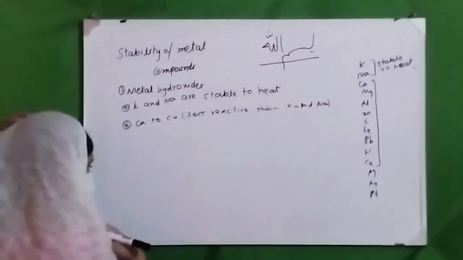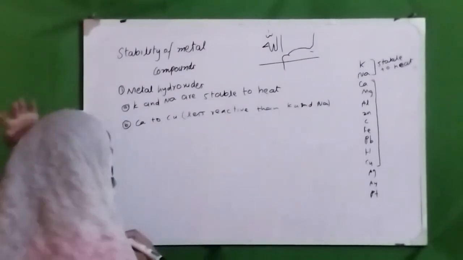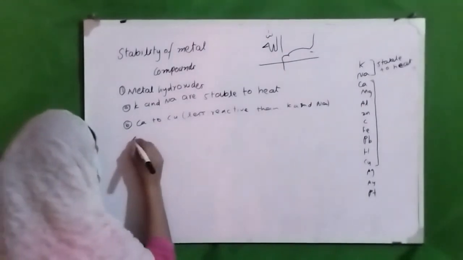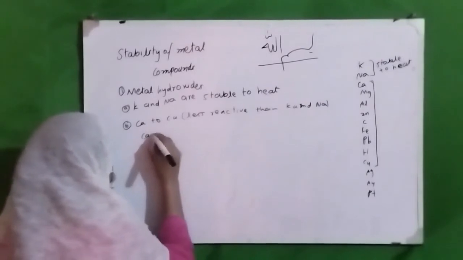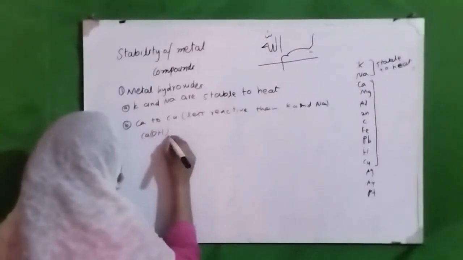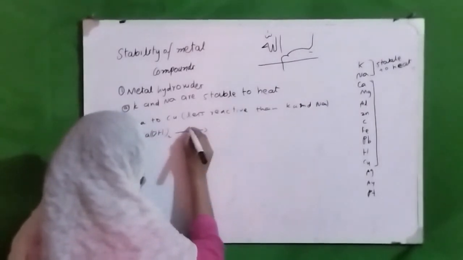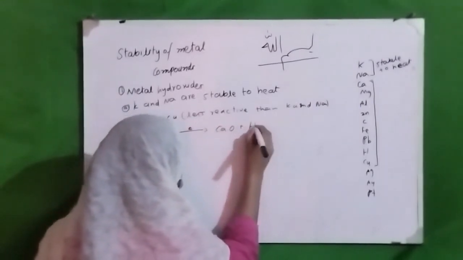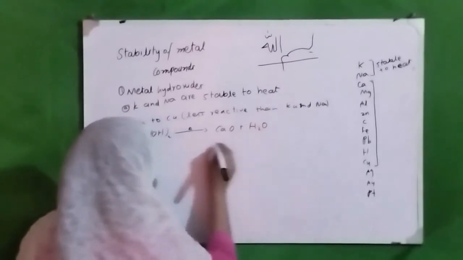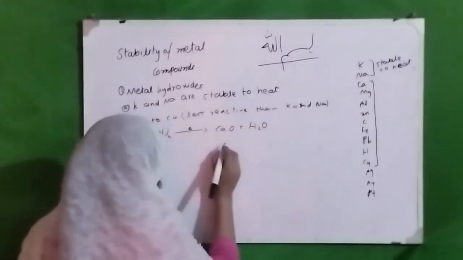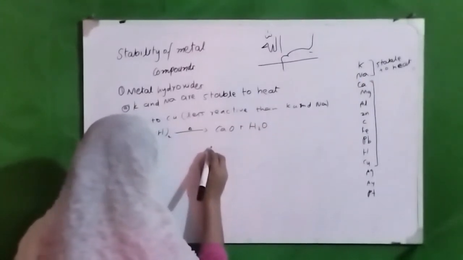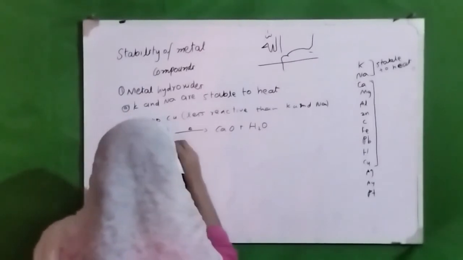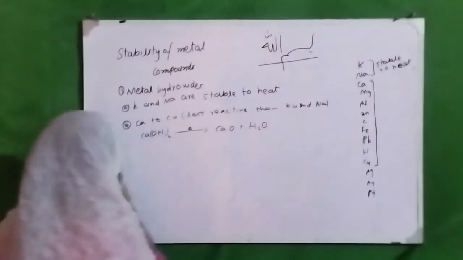By heating, calcium hydroxide decomposes to calcium oxide plus water. Calcium, 2 oxygen, 2 hydrogen, 1 calcium. It is balanced.